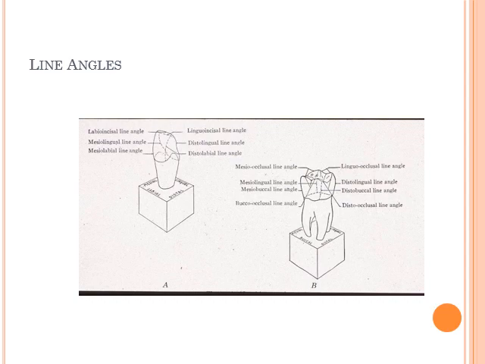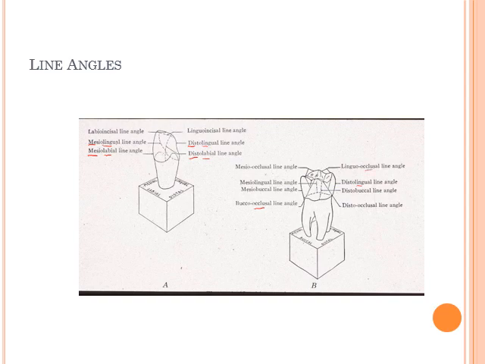So usually we start with mesial or distal, and then next we have buccal or lingual or labial, and then third we'll go to incisal or occlusal, depending on if you're on an anterior or a posterior tooth.